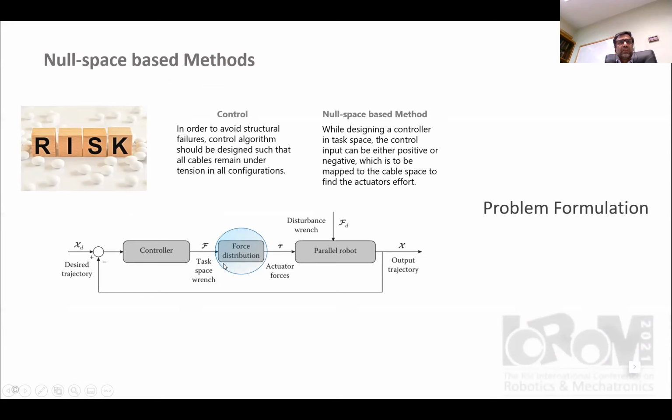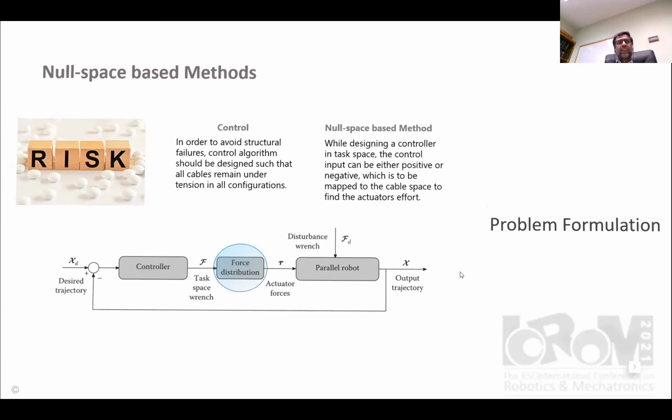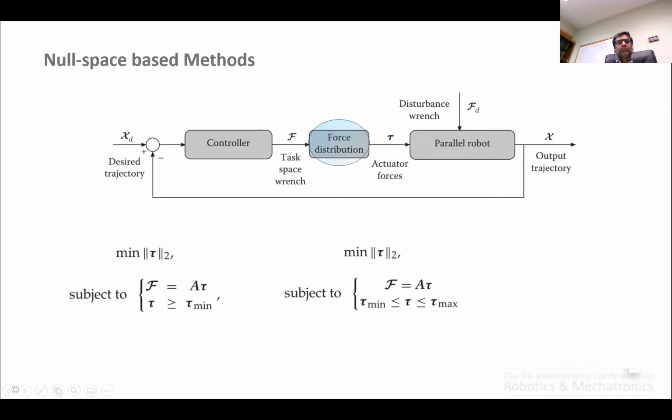While designing a controller in task space, the control action can be either positive or negative, which is to be mapped to the cable space with an optimization algorithm to find the actuator efforts.